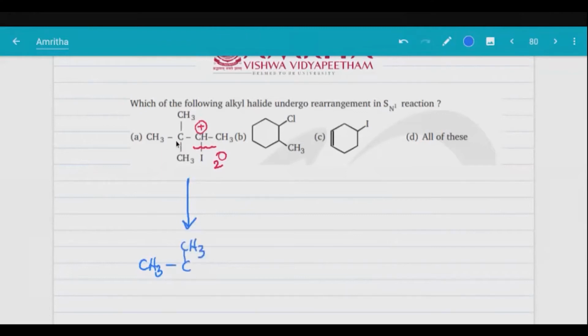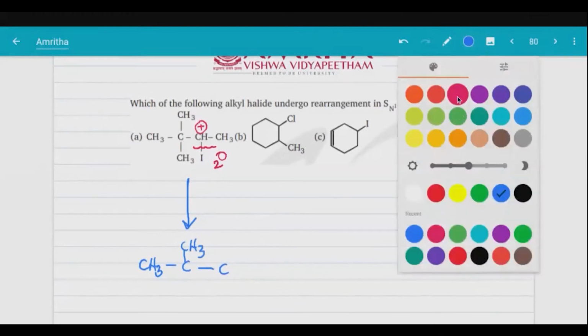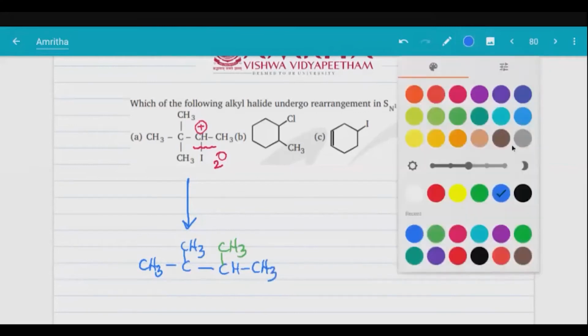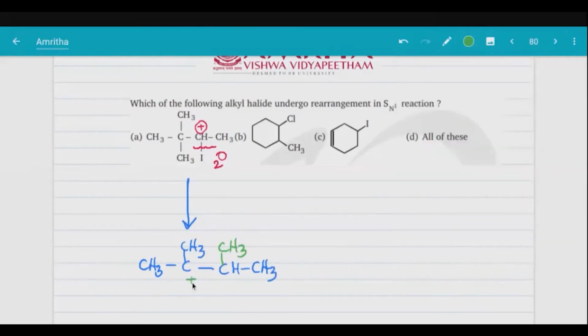See, I'll write CH3, CH3. You can shift methyl group also. I'm shifting, I'll show you the shifting with a different color here. CH3. Okay, already there is one hydrogen and there is CH3. So this will give me extra stability because this is tertiary carbocation.